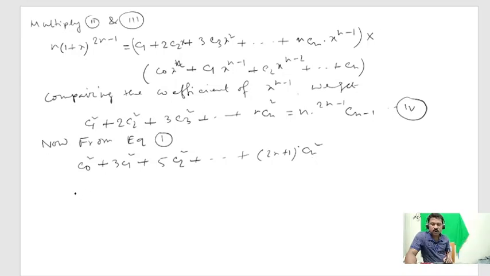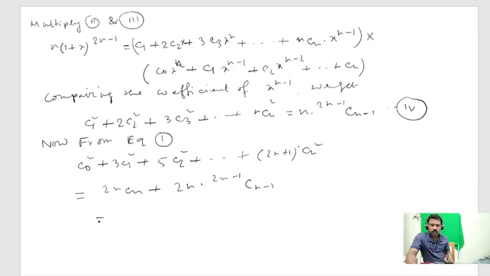That is, from earlier in the problem, 2n Cn plus 2 into n into 2n minus 1 C n minus 1.